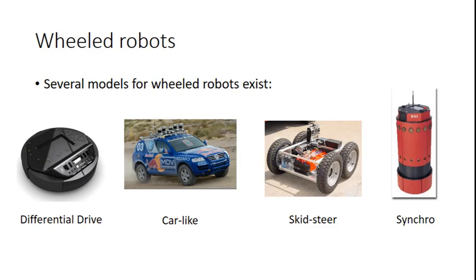There are a couple others called skid steer and synchro. We won't really work with any of those in this class, and we won't even really mention them much. If you continue in the robotics industry, you'll probably encounter them, but for this class, we're mostly going to be considering differential drive, and we're going to talk a little bit about the theory of car-like robots, but we won't be actually working with car-like robots.